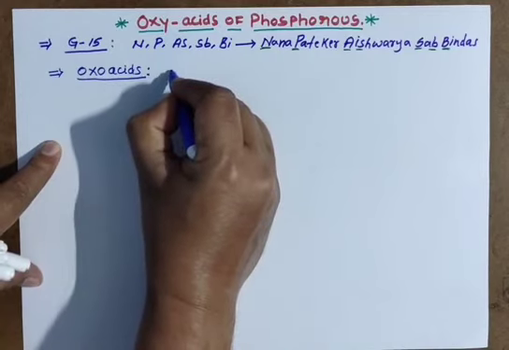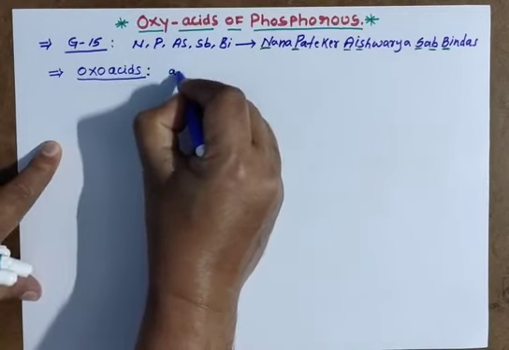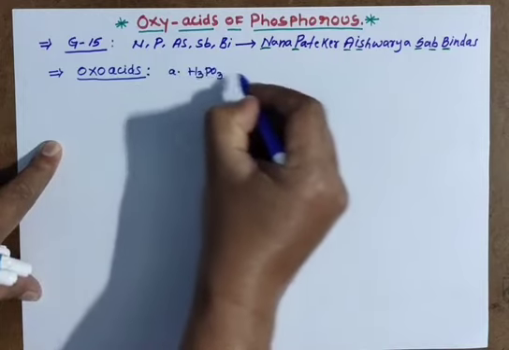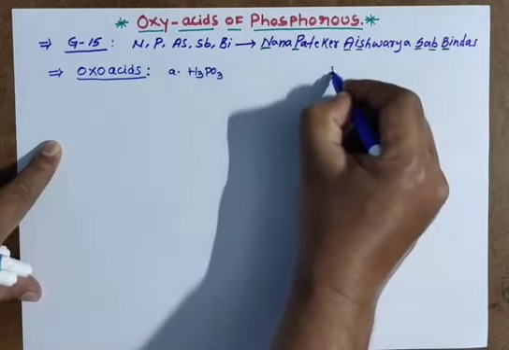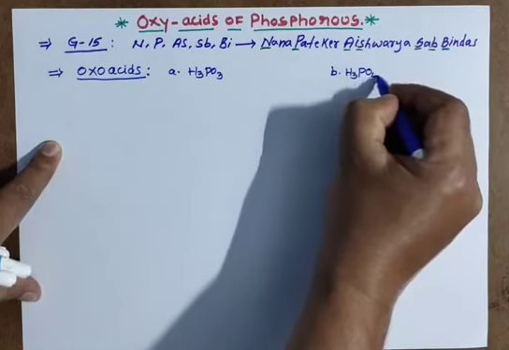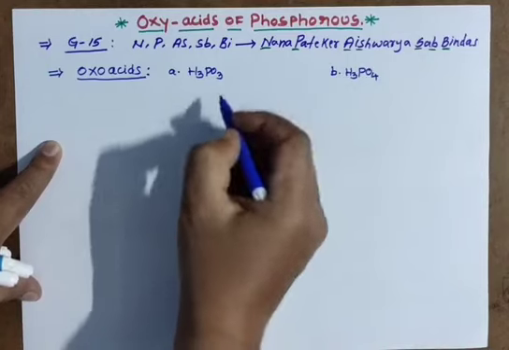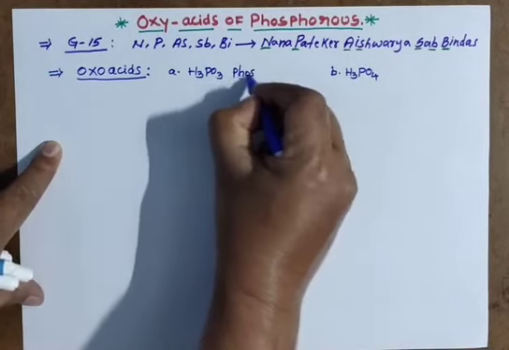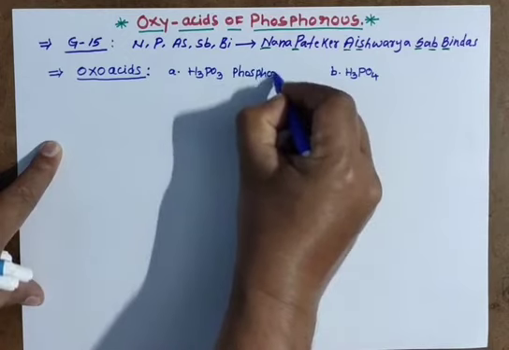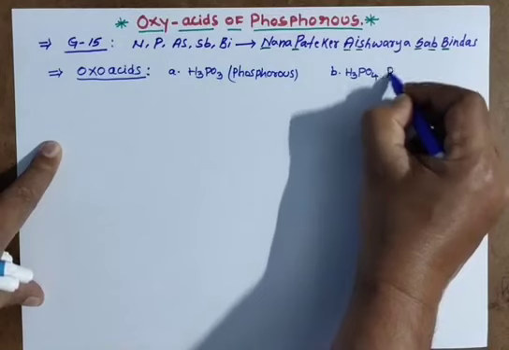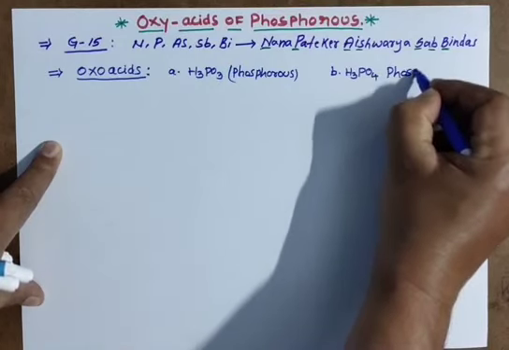If you remember two formulae, H3PO3 and H3PO4, and the remaining are all very easy. This is phosphorus acid, and this is phosphoric acid.